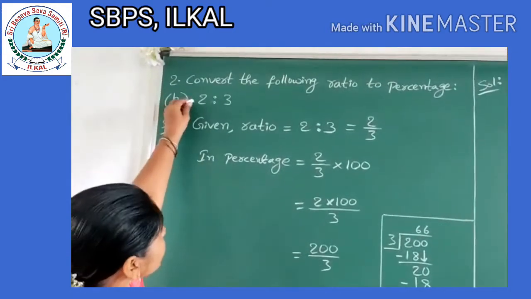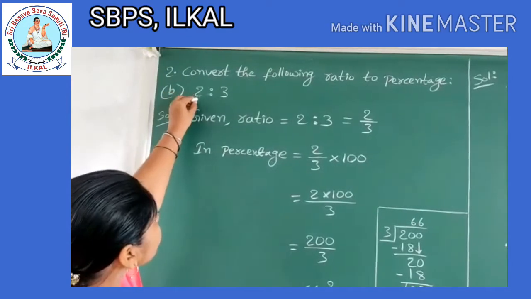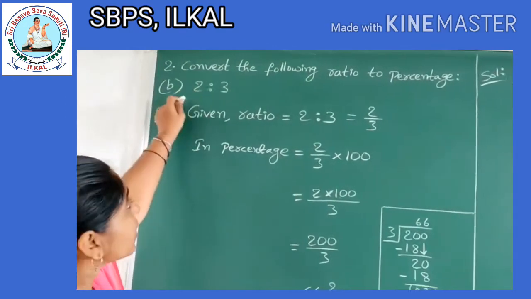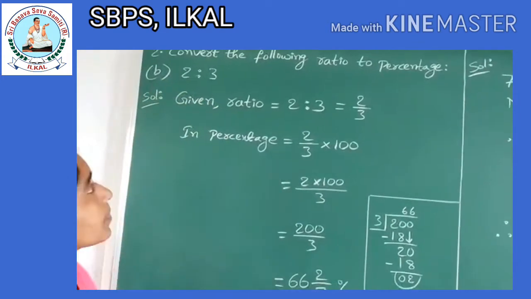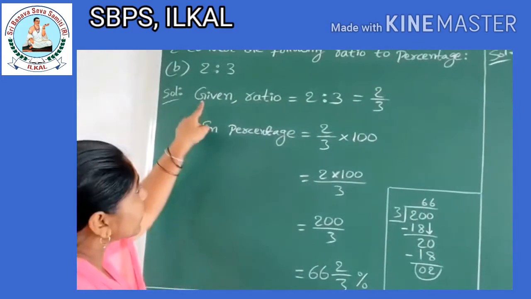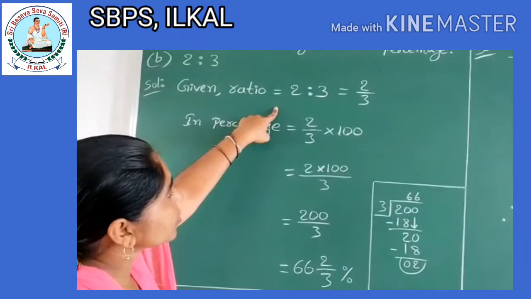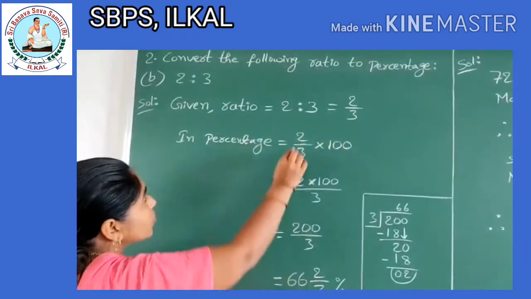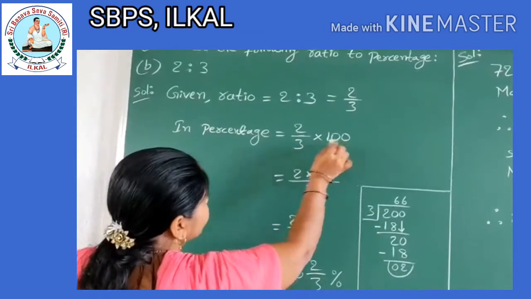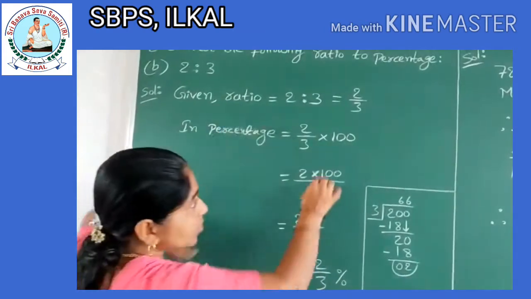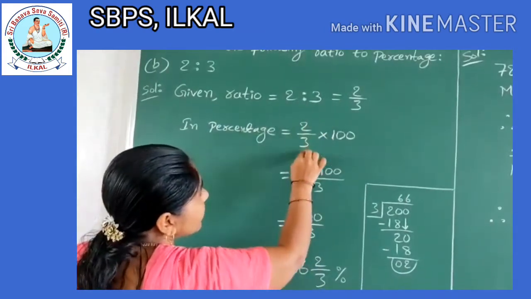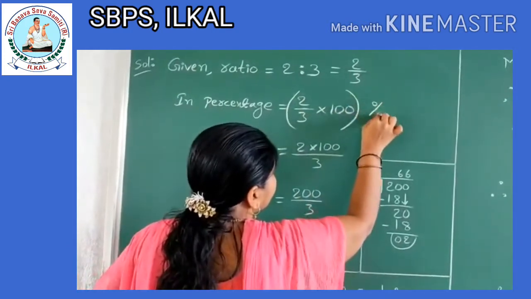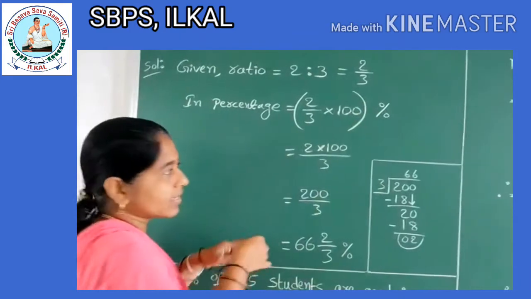Next question, children. Convert the following ratio to percentage. B question, 2:3 they give. This ratio we have to convert into percentage. Given ratio is equal to 2:3, which we can write as 2/3. In percentage, 2/3 into 100, with the percentage sign.